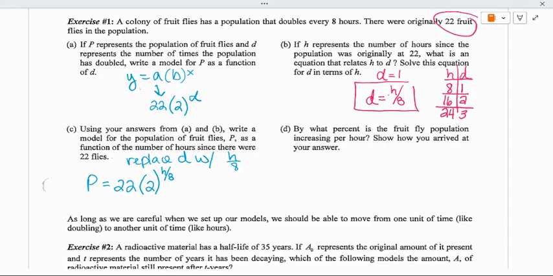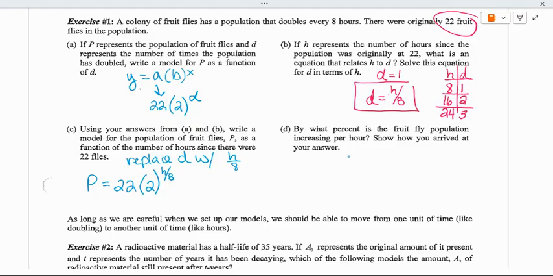All right. So it says, by what percent is your population doubling or increasing per hour? Show how you arrived at your answer.